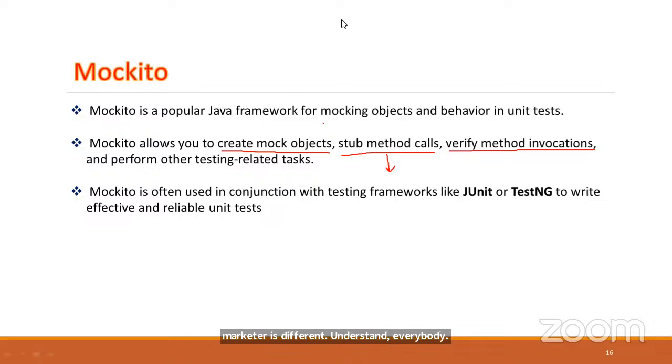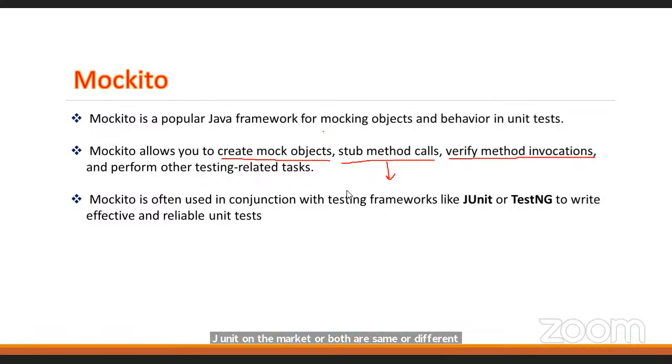So are JUnit and Mockito both the same or both different? Can you please confirm? Most of the people are saying yes, but it should not be. JUnit's purpose is different and Mockito's purpose is different.